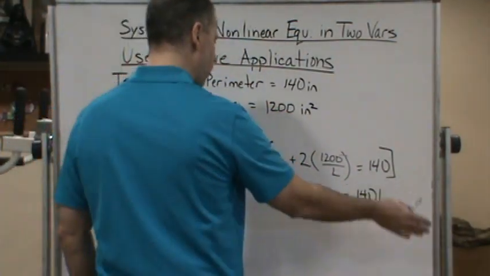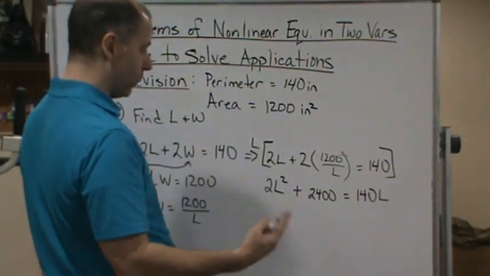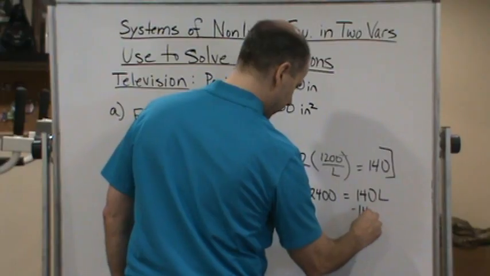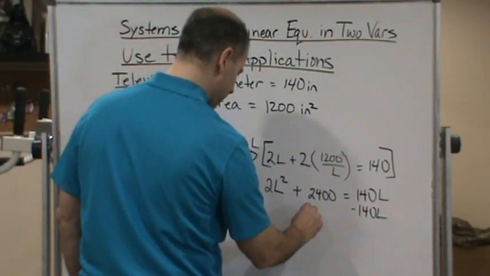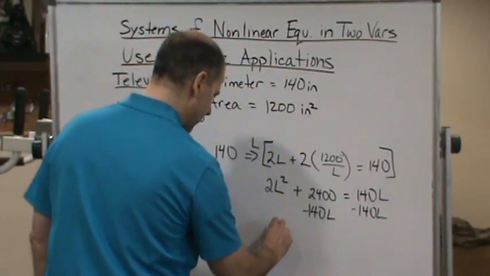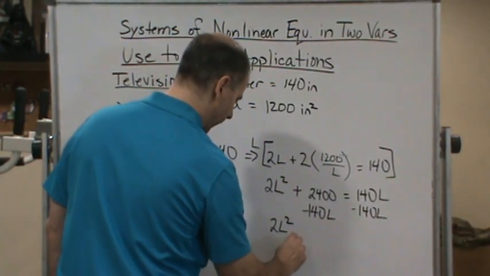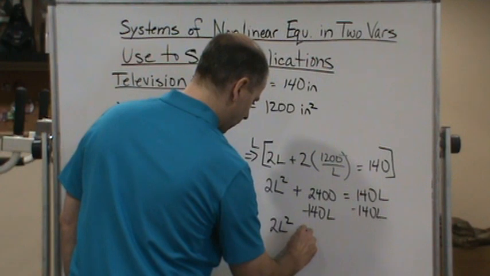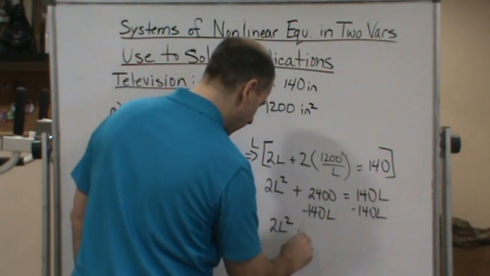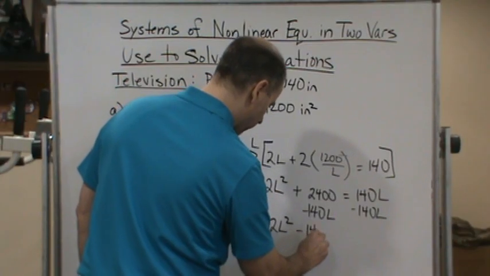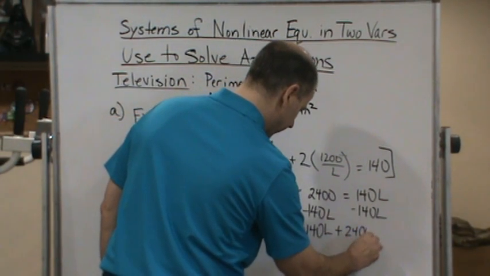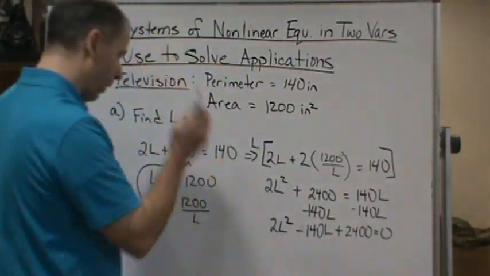Now I'm going to move everything to the left and make a quadratic equation equal to 0. So I'm going to subtract 140L from both sides. Now I get 2L squared minus 140L plus 2,400 equals 0.